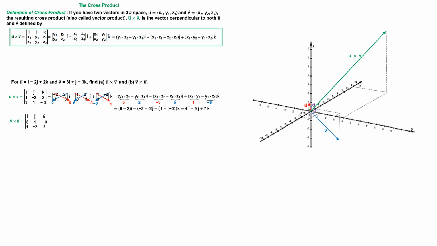To solve part B, we will follow the same steps, but replace the second row with the third row.